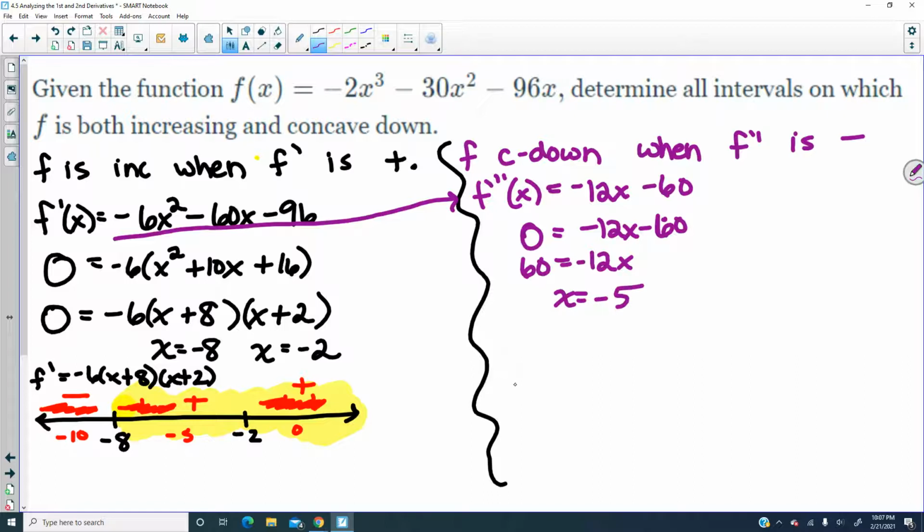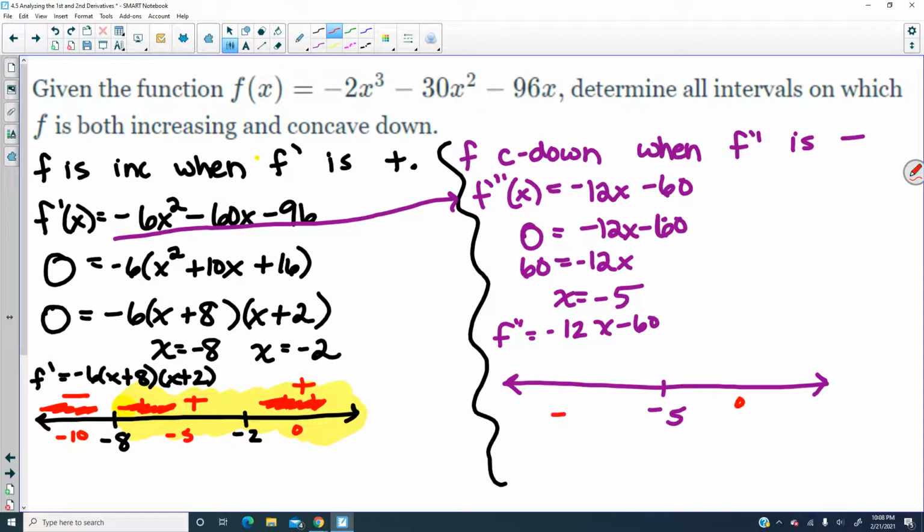So then I can put negative 5 on a number line. I'm going to substitute numbers into the second derivative, negative 12x minus 60. So let's say I'm going to substitute in 0 on the right, maybe negative 10 on the left.